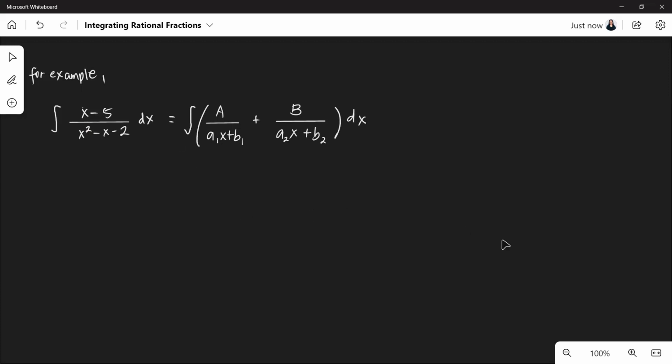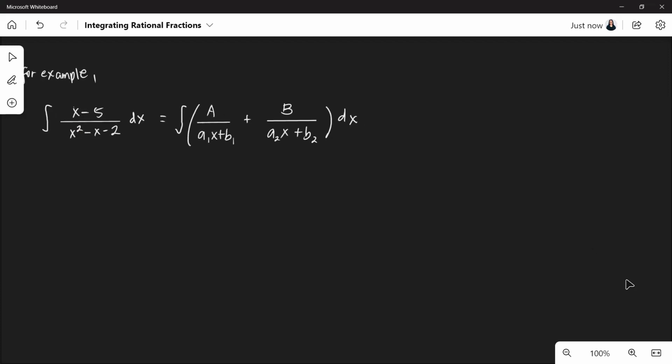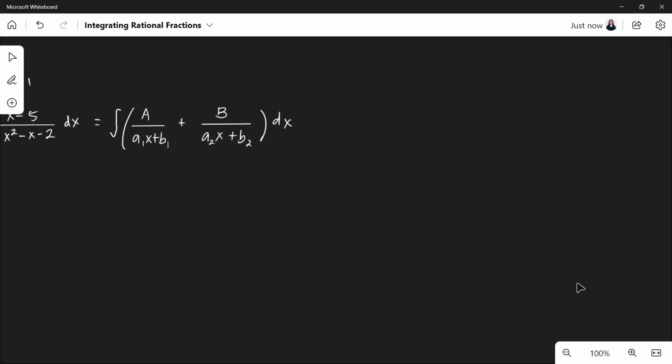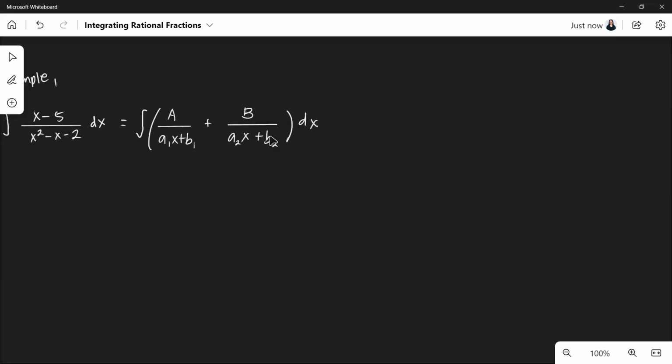Let me write the method of resolving the given fraction into partial fractions here at the side. What will be the values of the constants? We have x minus 5.